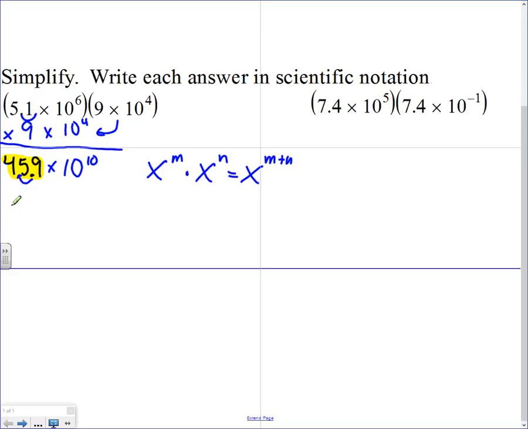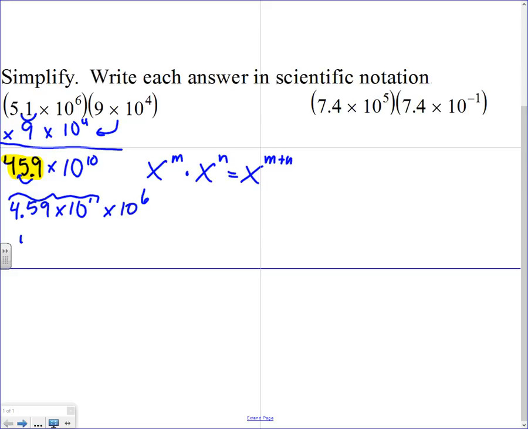So the answer will be 4.59. Now to make this number become the original number, I'm going to move the decimal one place to the right, so that'll be 1. So this is 45.9, and now copy times 10 to the 6.